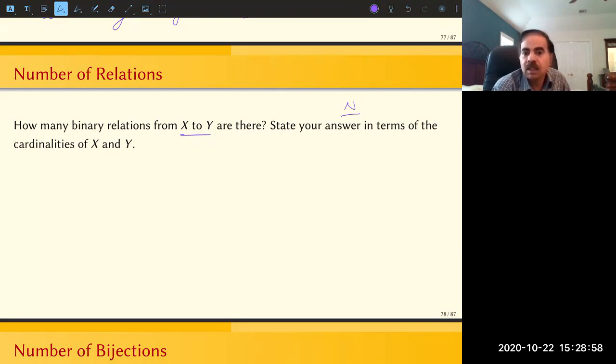So can anyone take a shot at answering this question? How do we go about answering it? What is a relation?